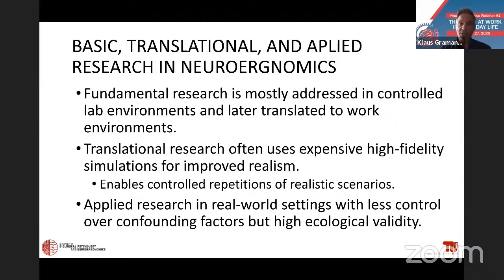It's applied research where we investigate the brain dynamics, the cognitive functions in real world settings while humans interact with technical systems. And here we have less control or no control over confounding factors, but we have high ecological validity. Actually, this is the highest ecological validity we can get, because the lab is the real world here.